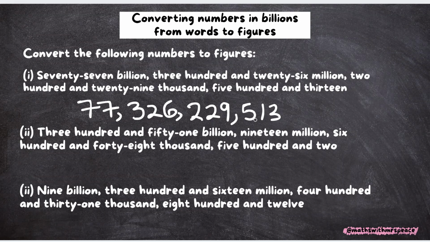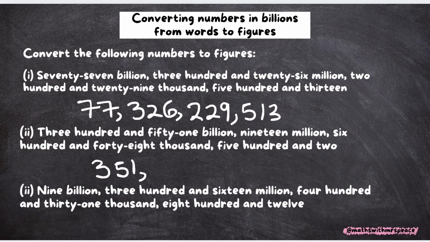Now, the second example is 351 billion, so that's going to be 351 billion, comma, 19 million. And you have to be careful. Again, this is another instance where you have to be careful. You have 19 million. It means that in the place value million, hundred is missing out there.